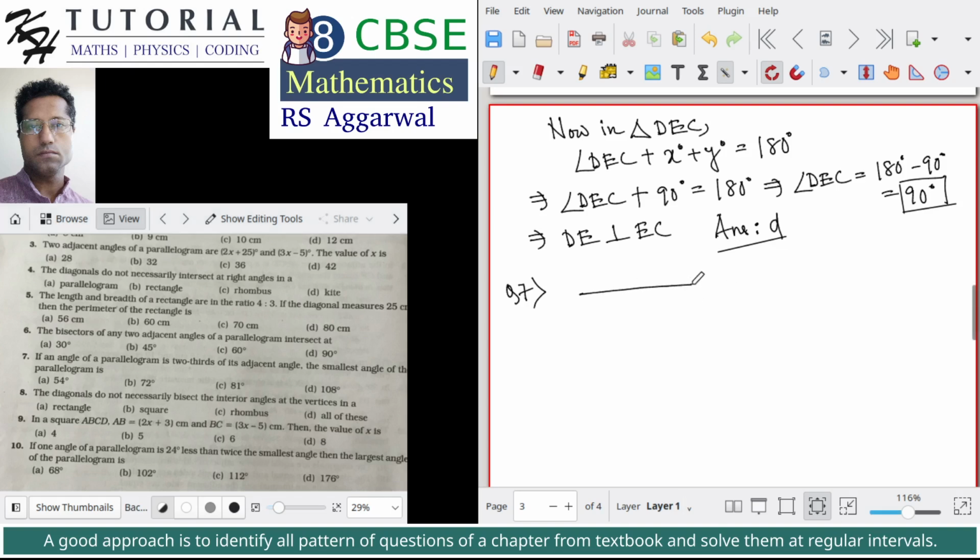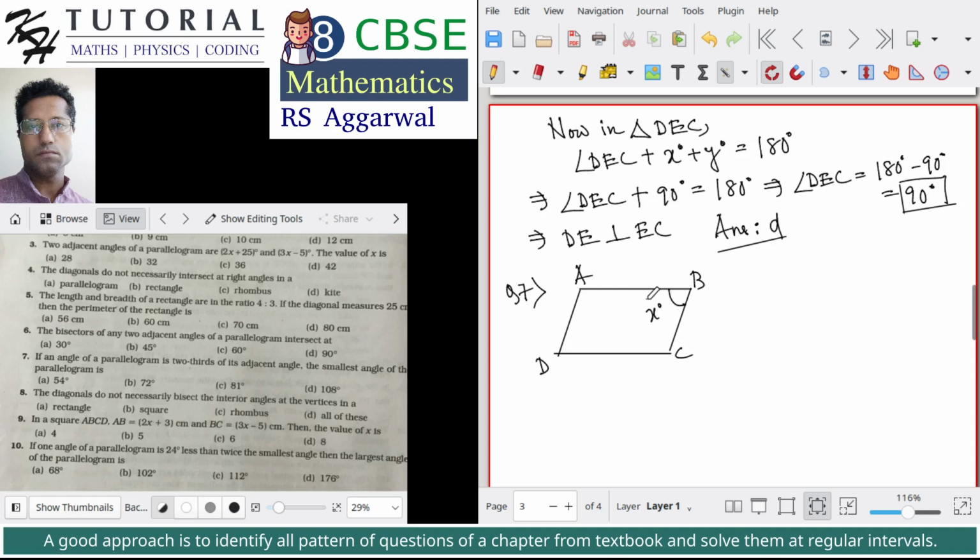Okay, so if this is the parallelogram ABCD, let's say A and B are adjacent angles.